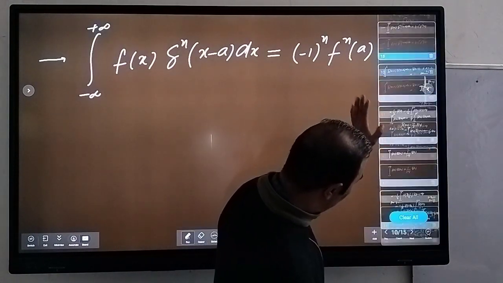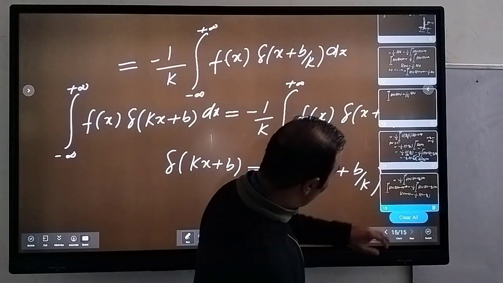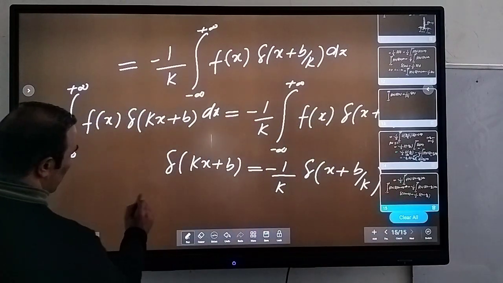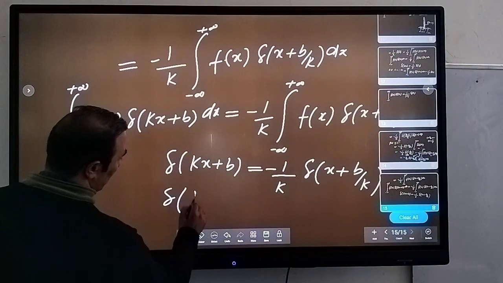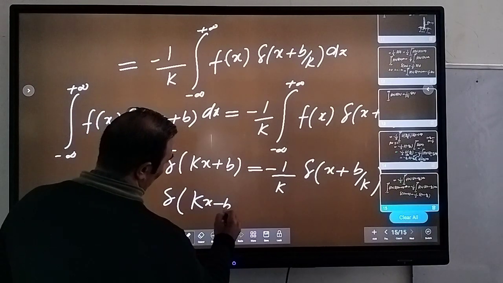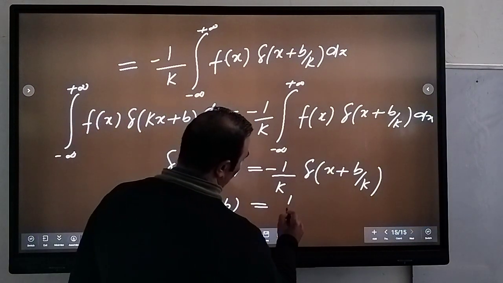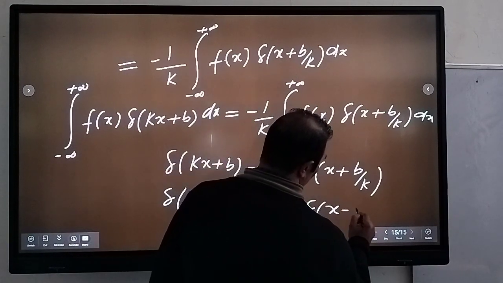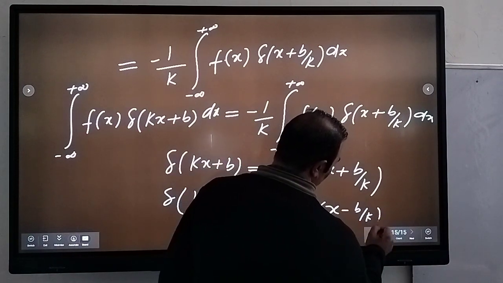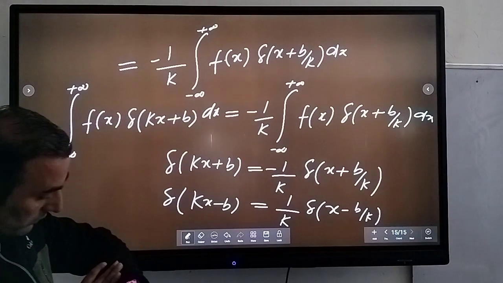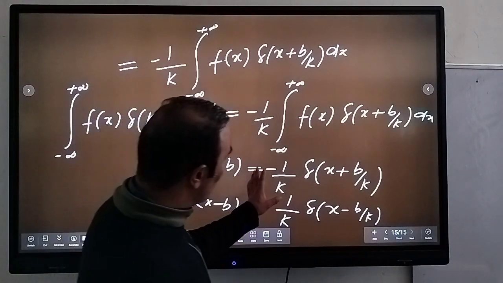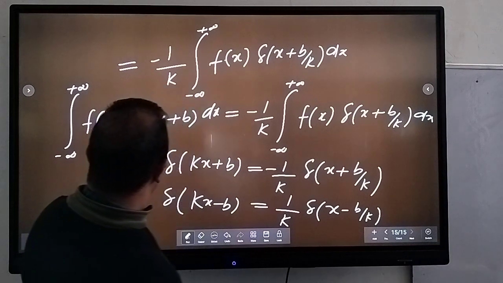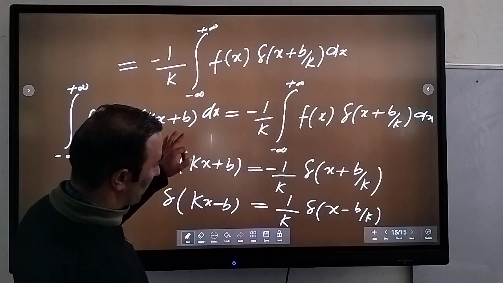That's correct. So that means this term, similarly if I write here delta of that kx minus b, then what will come here is 1 by k delta of that x minus b by k. Is it okay? Because it's clear. So here our substitution will be delta of kx minus b, right?